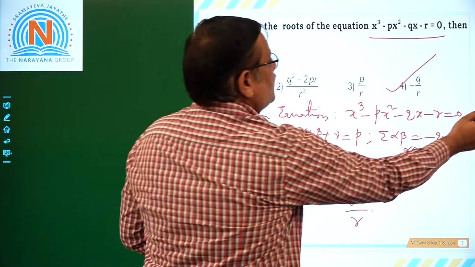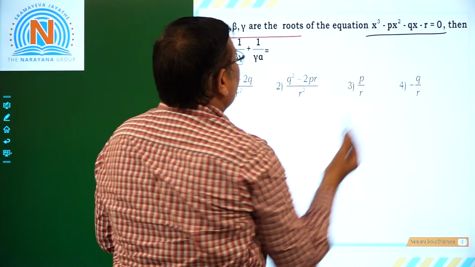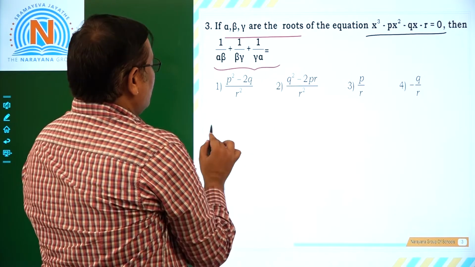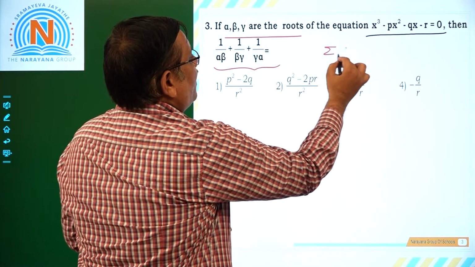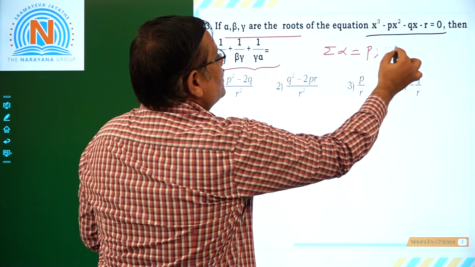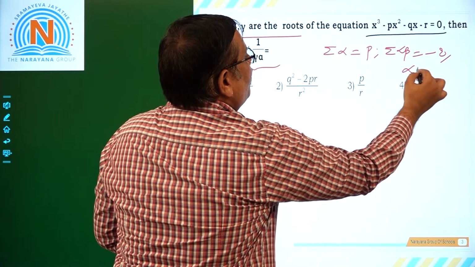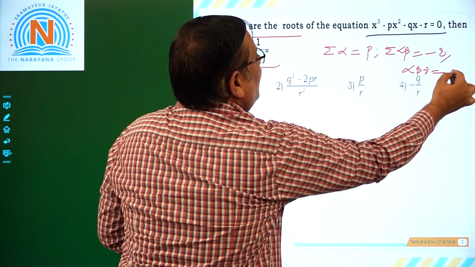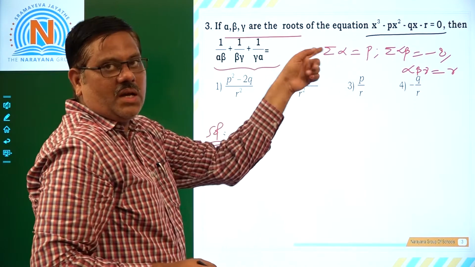Now let us see the next question. If alpha, beta, gamma are the roots of the same equation, what is the value of this? Already we have sigma alpha as p, sigma alpha beta as minus q, alpha beta gamma as r, because alpha, beta, gamma are the roots, as we saw in the earlier question.